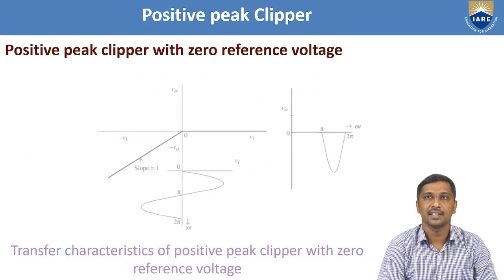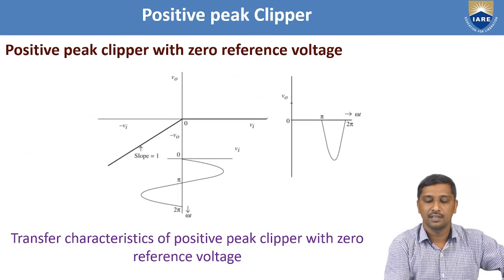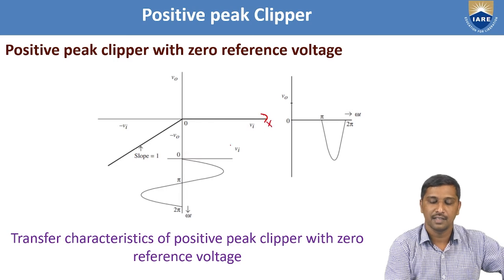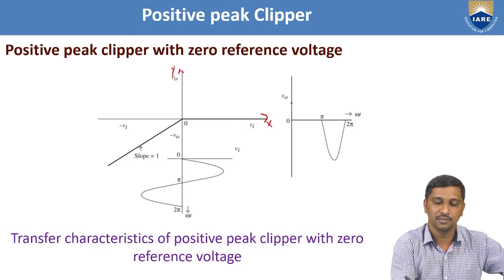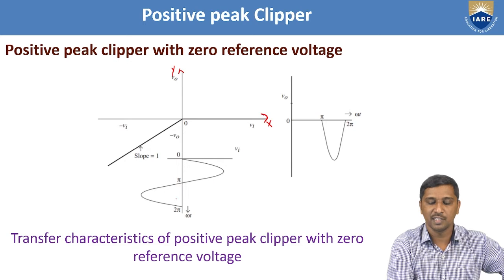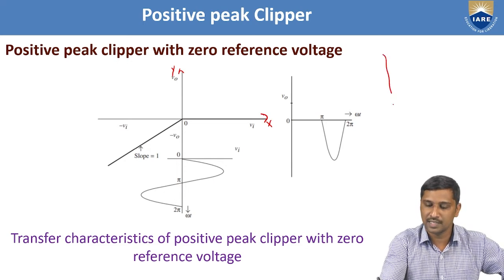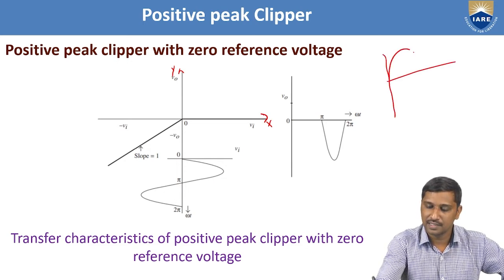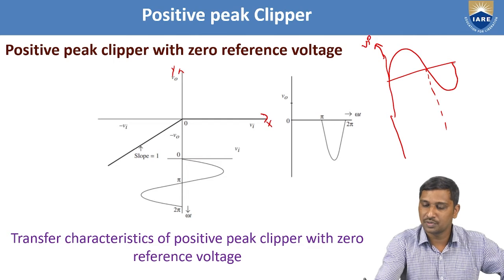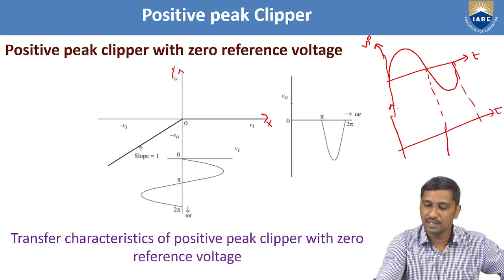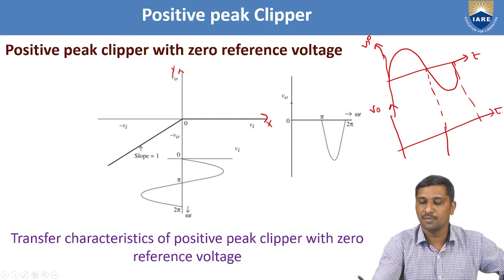Let us take this as the x-axis and this as the y-axis. This is the applied input signal Vi, and now I am going to observe the graphical response. Again the x-axis is time, the y-axis is the output, and here I am going to draw the output voltage.